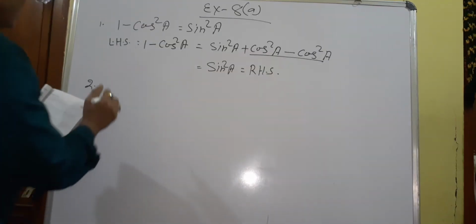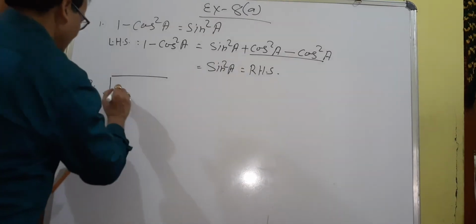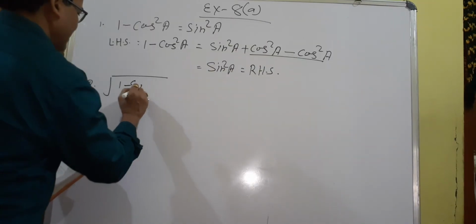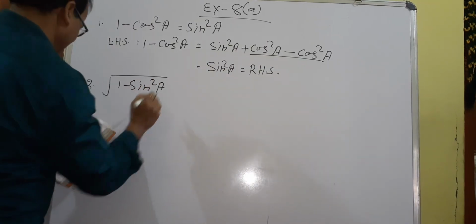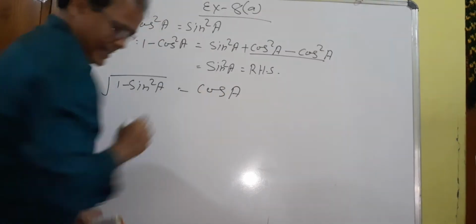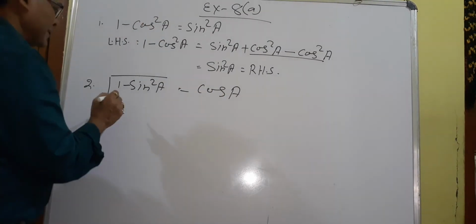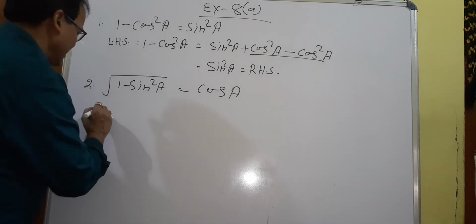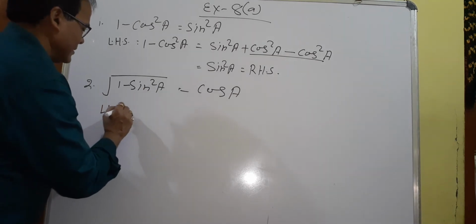Another example I'll give you, number 2. Number 2 is square root of 1 minus sine square A is equal to cos A. Same way we will proceed with the left hand side.